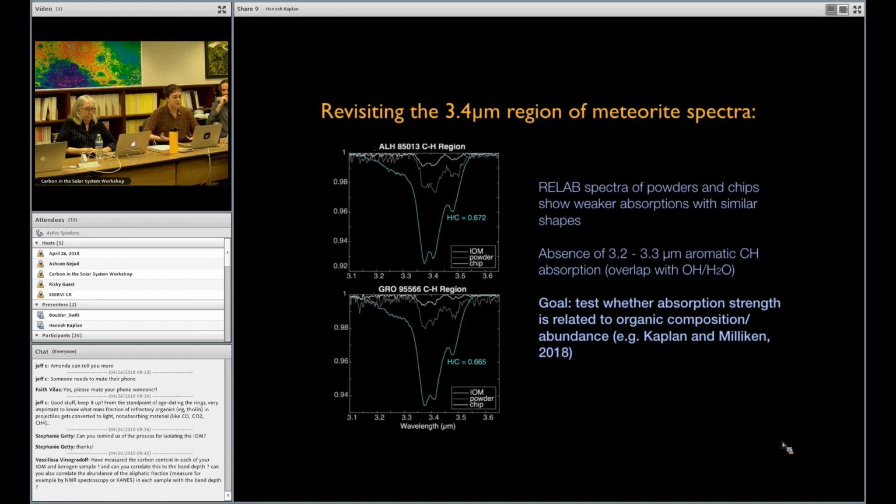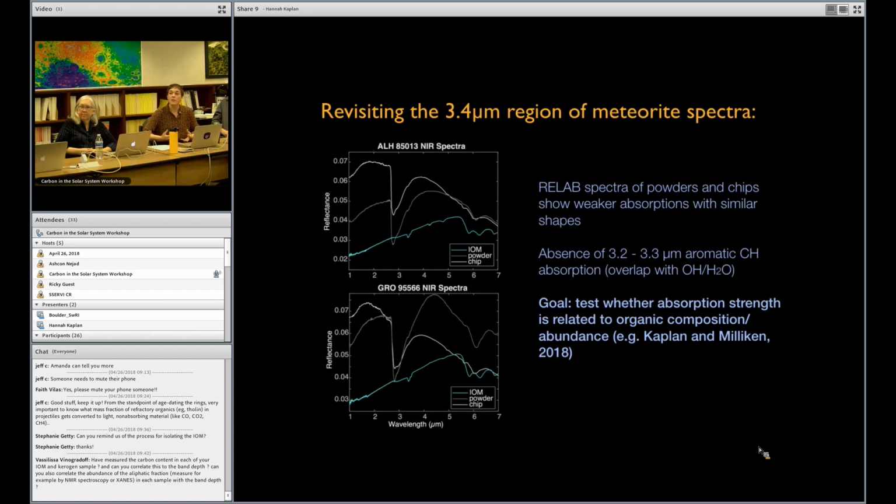And so the goal here really is to test whether the absorption strength in the bulk component relates to the organic composition or abundance. And we've done a test study for this, which is now IMPRESS, I believe, with sedimentary rocks and kerogens. So we've shown that this works for a bunch of terrestrial samples, and now we're moving on to meteorites.